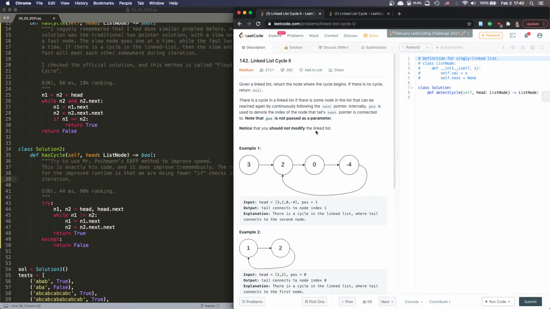The fast node does 2x, and that's the total amount of steps it has taken to catch up to the slow node.